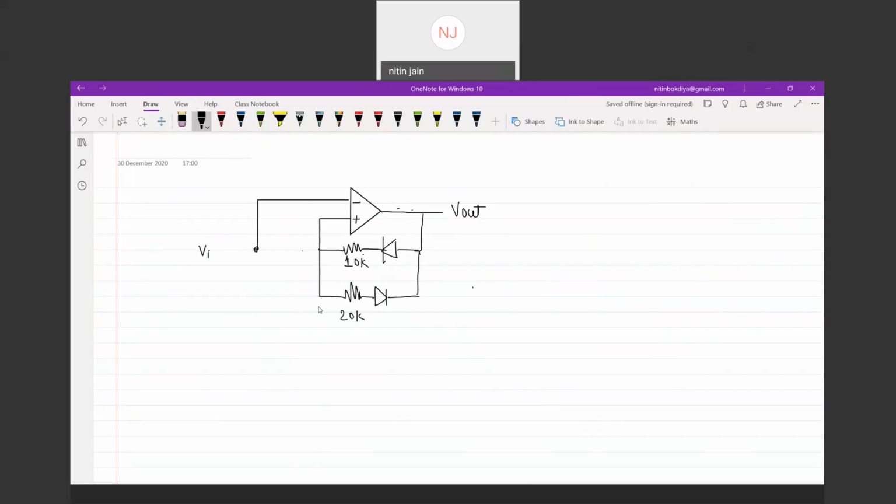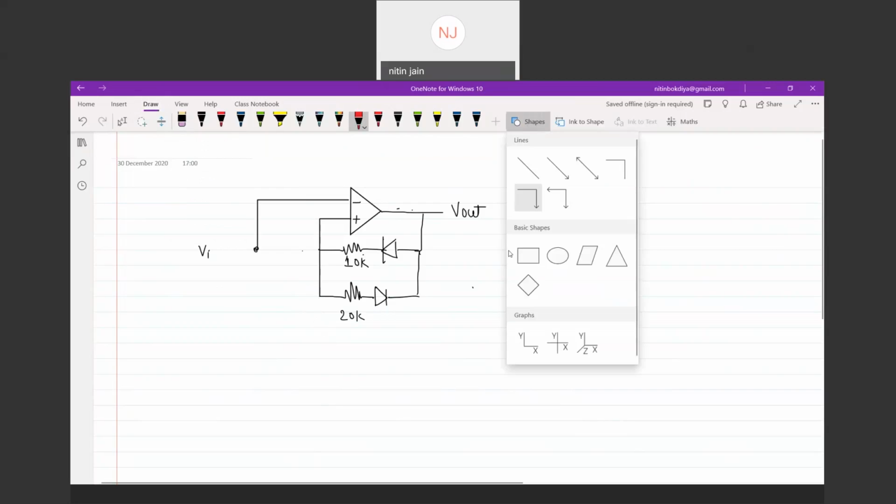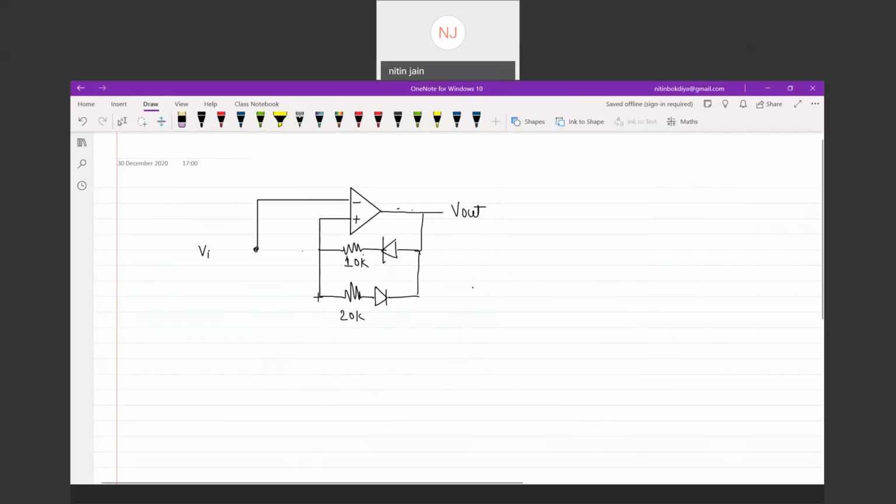One more resistance is connected to this, and this resistance has a value of 5 kilo ohm.